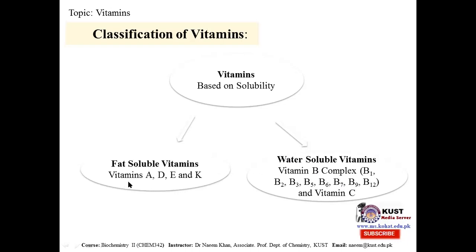And these include 4 vitamins, vitamin A, vitamin D, vitamin E, and vitamin K. So based on the solubility, whether vitamin is soluble in water or whether it's soluble in fat, vitamins have two classes, water soluble vitamins and fat soluble vitamins. Water soluble vitamins include vitamin B complex and vitamin C, while fat soluble vitamins include vitamin A, vitamin D, vitamin E, and vitamin K.